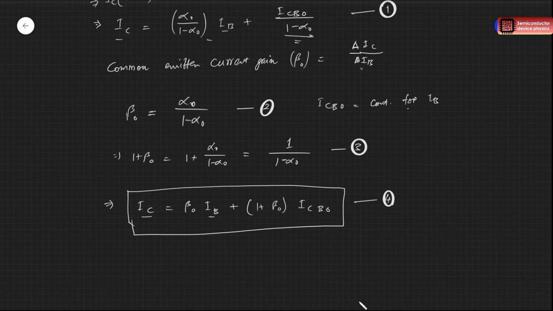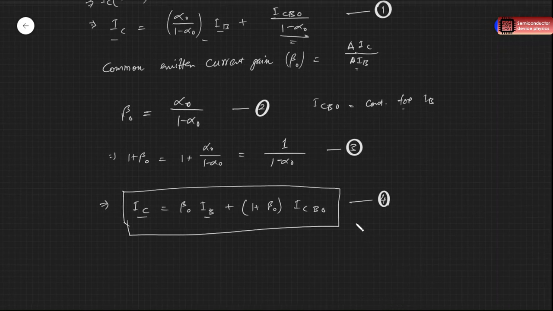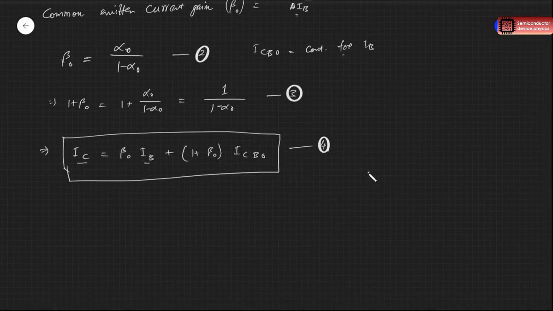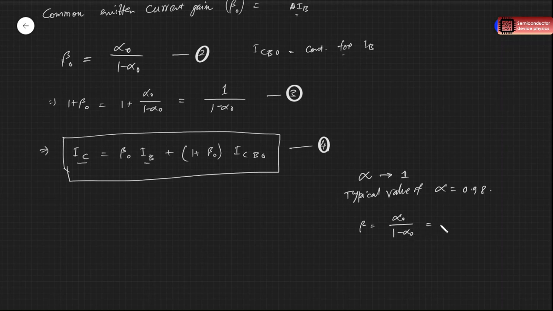Now see the value of beta, right? Typically the value of alpha is nearly 1. For example, a typical value, if you take 0.98, then what will be the value of beta? Beta is alpha naught by 1 minus alpha naught. It will be 0.98 by 0.02, so it is about 49, right?